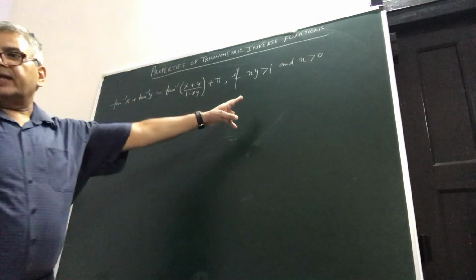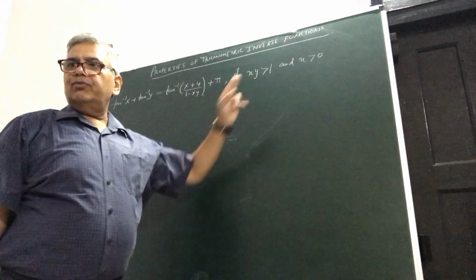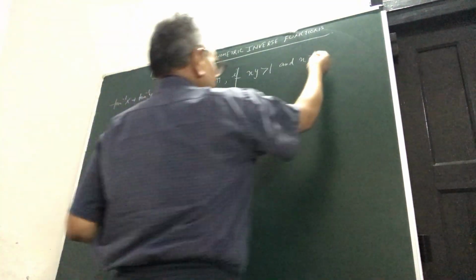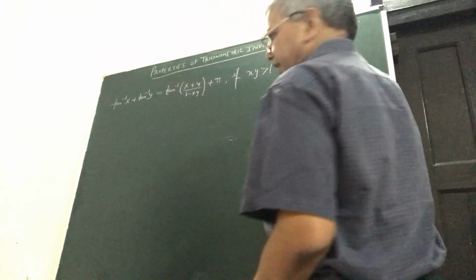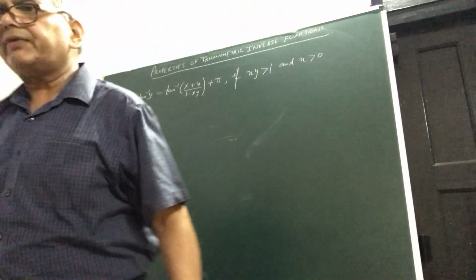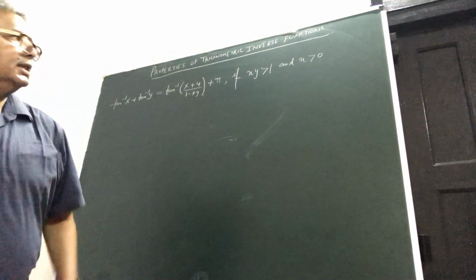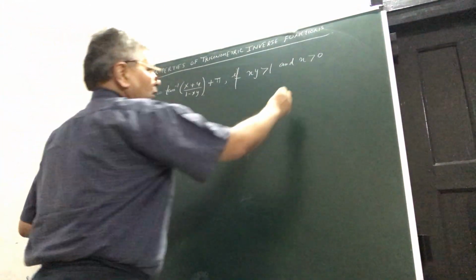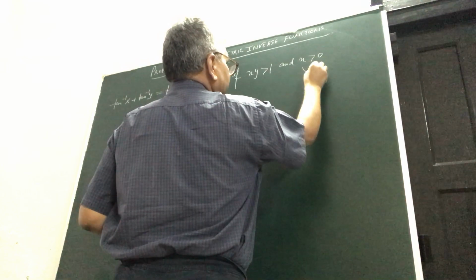Now here, if x is greater than 0 and xy is greater than 1, then obviously y will also be greater than 0. So whether you write it or not, it exactly means that if x is greater than 0, then y will also be greater than 0.